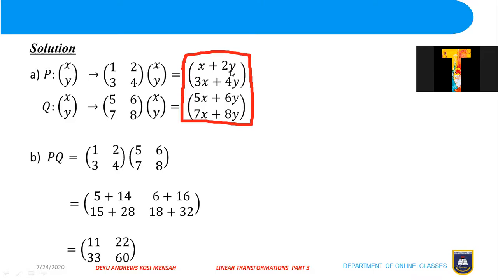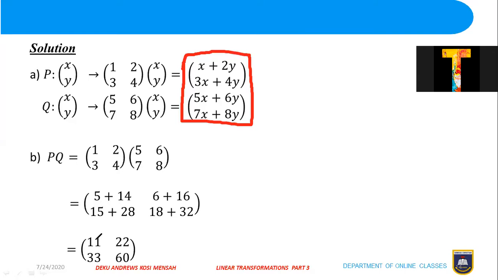Is it 19? Yes, sir. It's 19, not 11. In place of the first element. Oh yes, thank you. So we have 19, 22. Please change it for me.